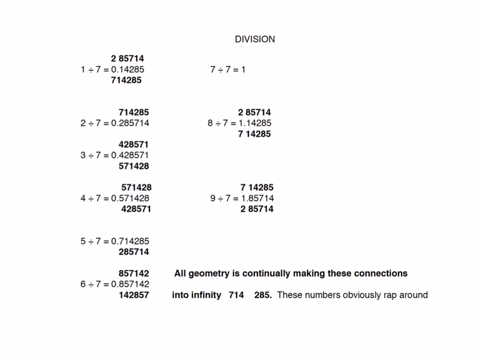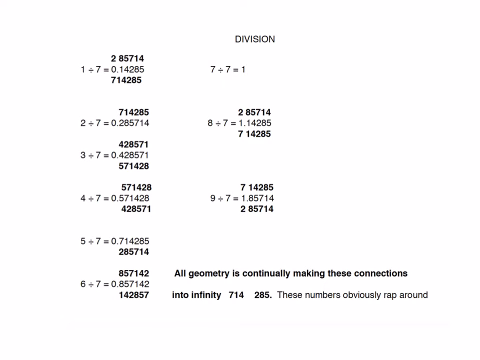So I have both sets of numbers here. Well, this reads 142857. Excuse me, 285714. I read the 3's. 285714. And that is our infinite number. 714285, and all of their combinations of numbers.